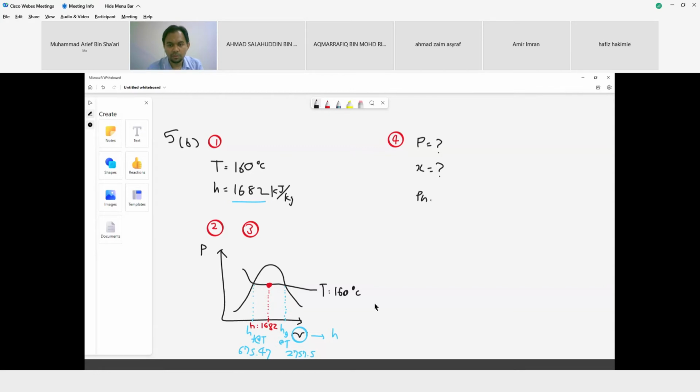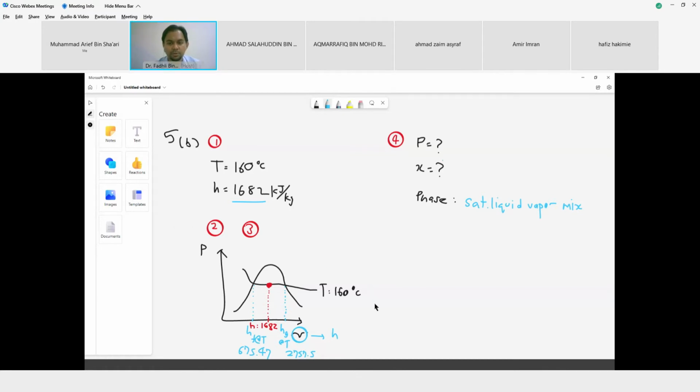For the phase, easy because we know the phase now. The phase is saturated mixture, or you can write in full text, saturated liquid vapor mixture.